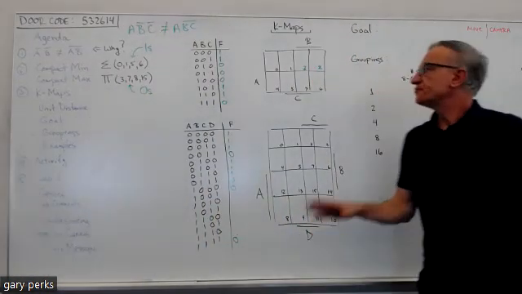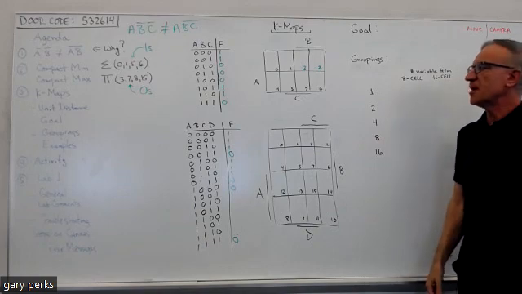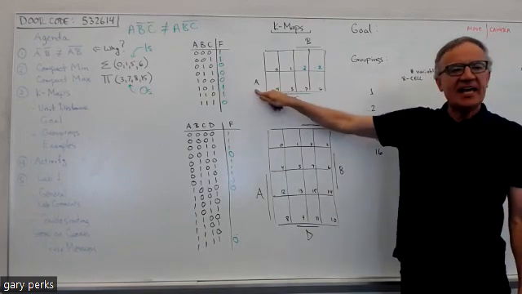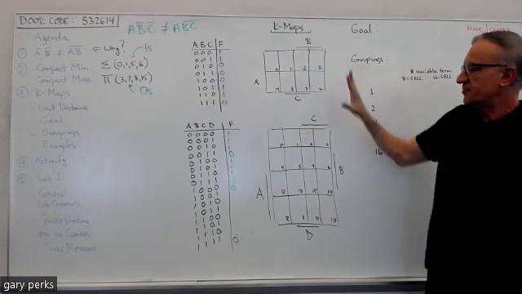Okay, so that's that. Now, the next thing that people often wonder about when they're looking at a Karnaugh map is, okay, why is there an A here? Why is there a C here? Why is there a B? And so on.